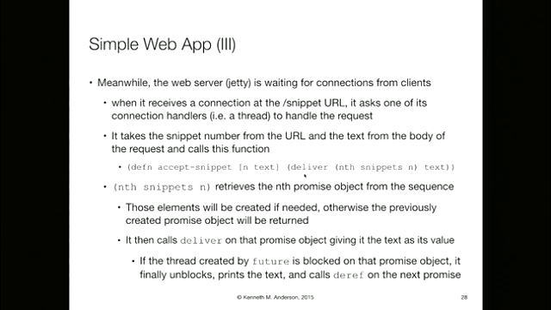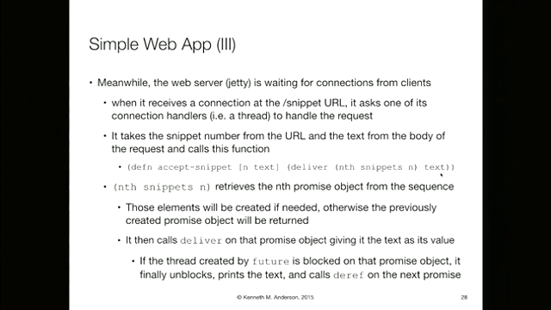Based on the number on the URL, I need to get the promise object that corresponds to that snippet number. So from my client call, I got the number of the snippet plus the text of the snippet. What I need to do is get the promise object that is the nth one in the sequence, and then deliver the text to that one.